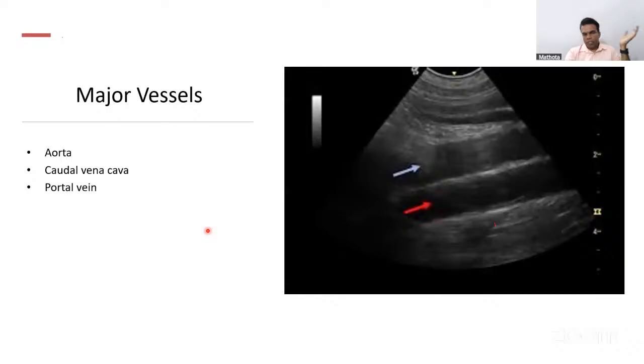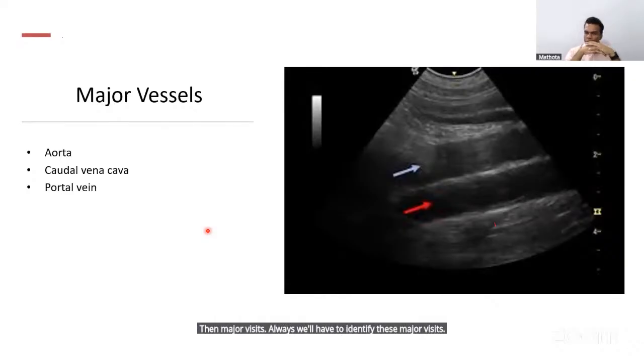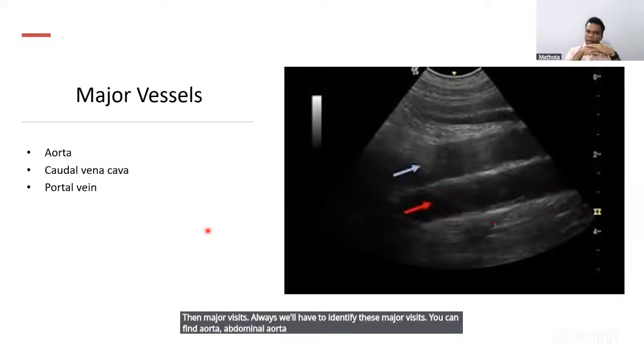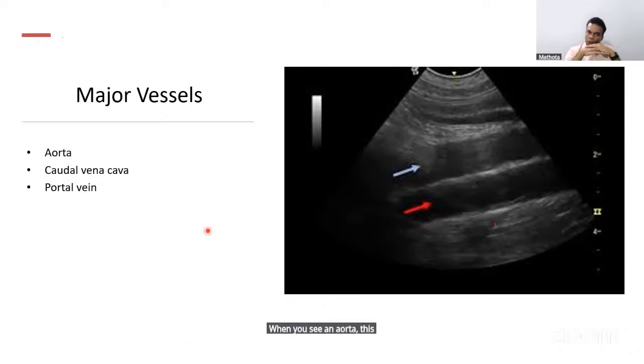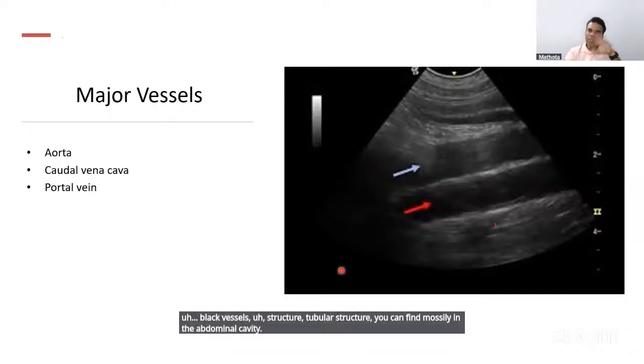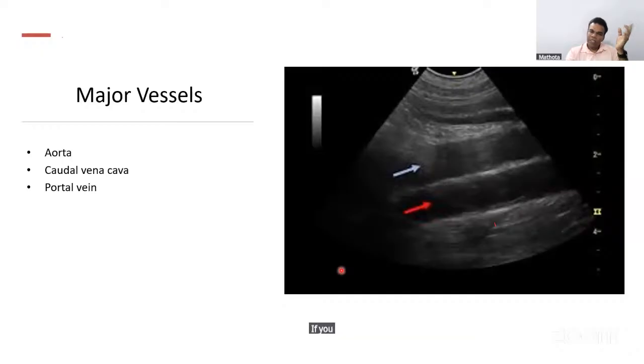Then major vessels. We always have to identify these major vessels. You can find the aorta, abdominal aorta, portal vena cava, and portal vein. When you see the aorta, this is the most dorsal blood vessel, a tubular structure you can find most dorsally in the abdominal cavity. In cross-section, it's round.